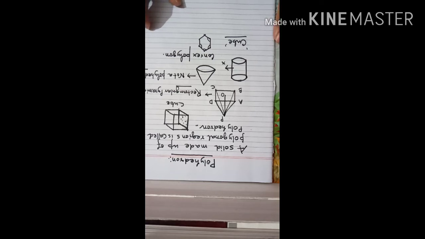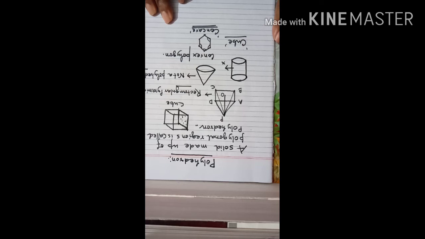Now concave. This is convex and concave. What is a concave polyhedron? All of you know a concave polygon: a polygon in which at least one interior angle is greater than 180 degrees is called a concave polygon.